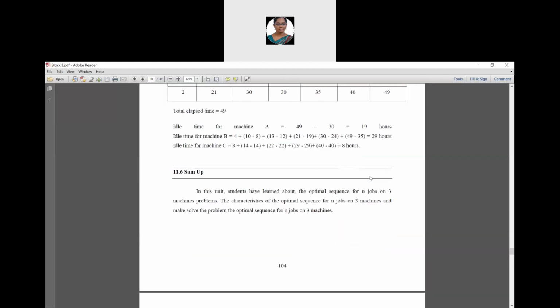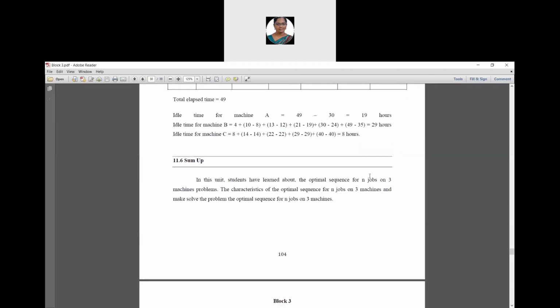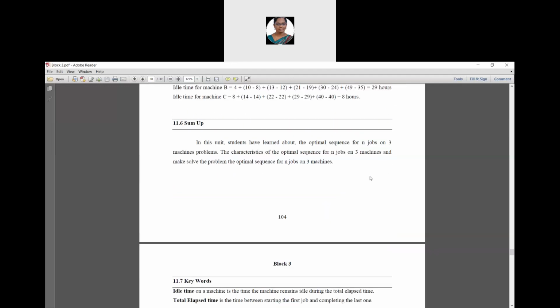So what we have studied in this unit is the optimal sequence for n jobs on 3 machine problems, the characteristics of the optimal sequence for n jobs on 3 machines, and how to solve the problem.